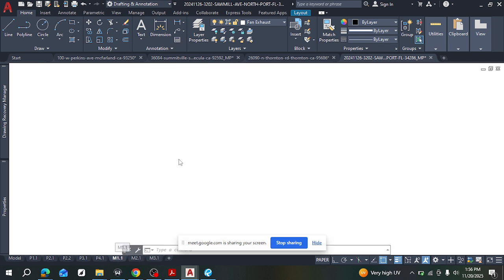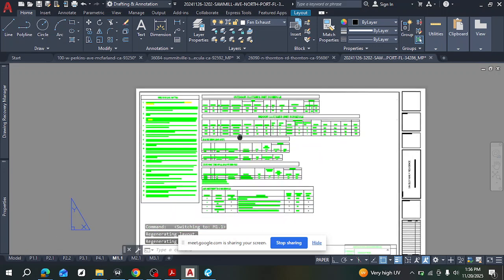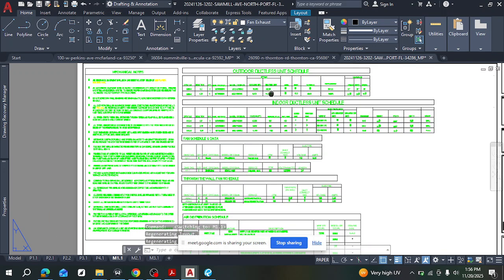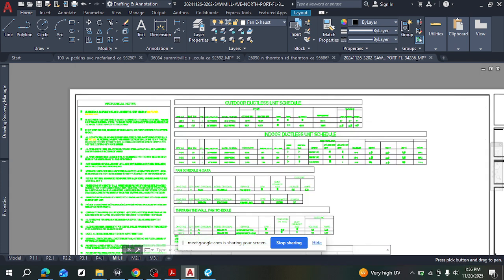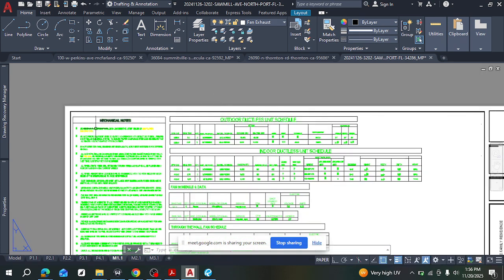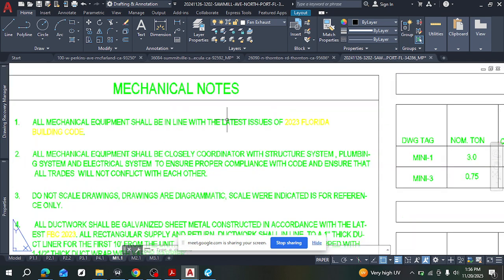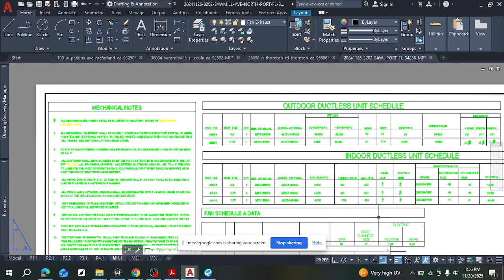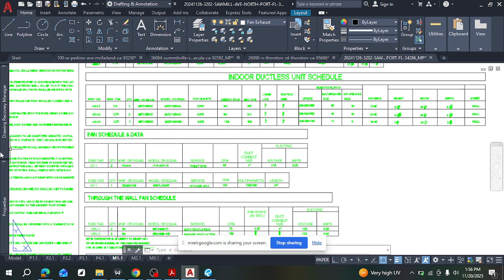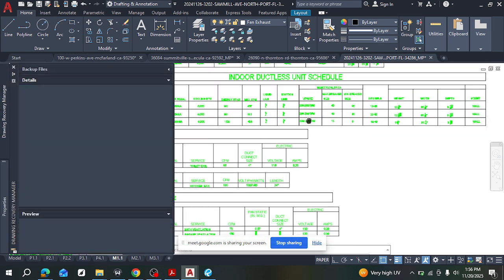And then this is the schedule page. This describes the equipment on plan. You see that you specify their specifications. And if you notice here, you have the notes. This is in Florida. And then this is the outdoor unit, the indoor unit, then the different fans.